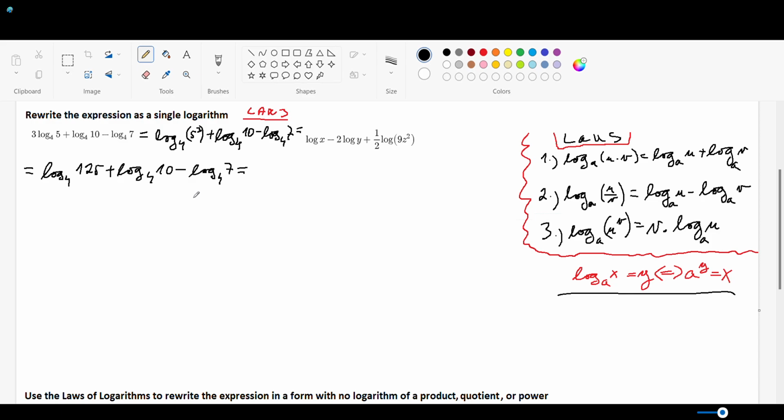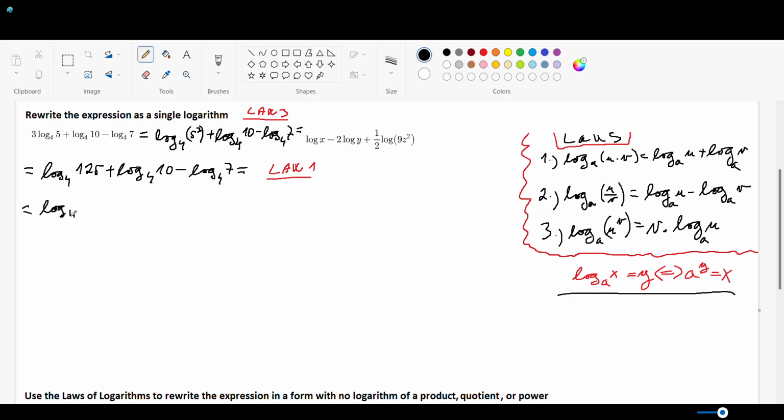Now we will use law number 1. So let's use law number 1 here, which means we will simplify this addition, and this is going to be the logarithm of the product.